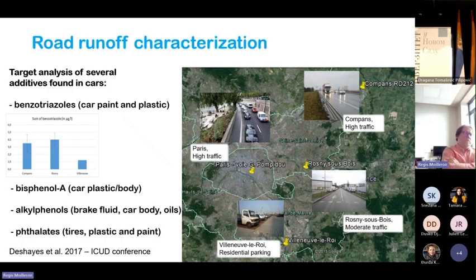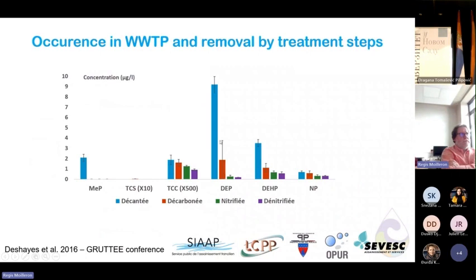And so a few examples on these compounds that can be released by cars. Some of them are also released by cars, but they are released and emitted in wastewater. And we analyzed some of them in the road runoff samples. We also checked these industrial and plasticizer compounds in wastewater treatment plants, and we checked how they are removed or not by the treatment steps.